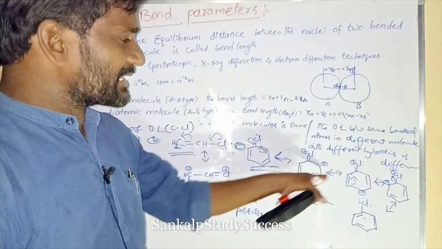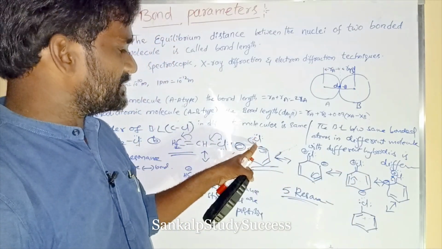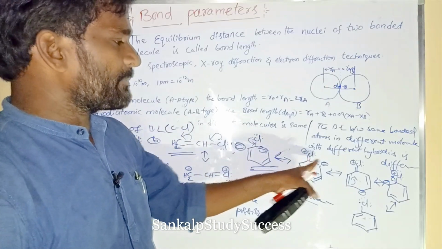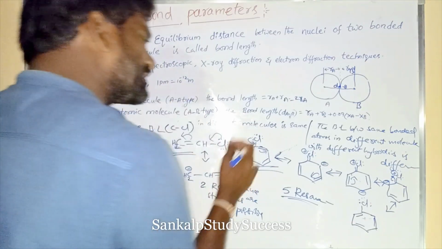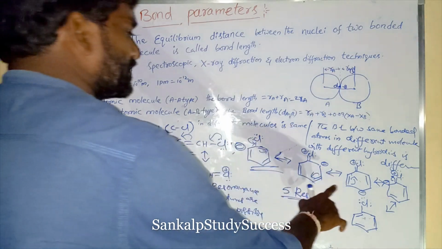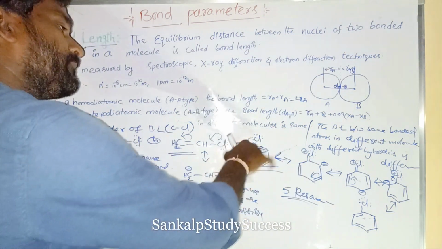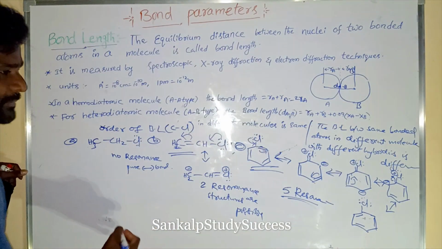This is the pi bond, this is the pi bond, this is the pi bond. So in single bond and pi bond, which has more bond length?